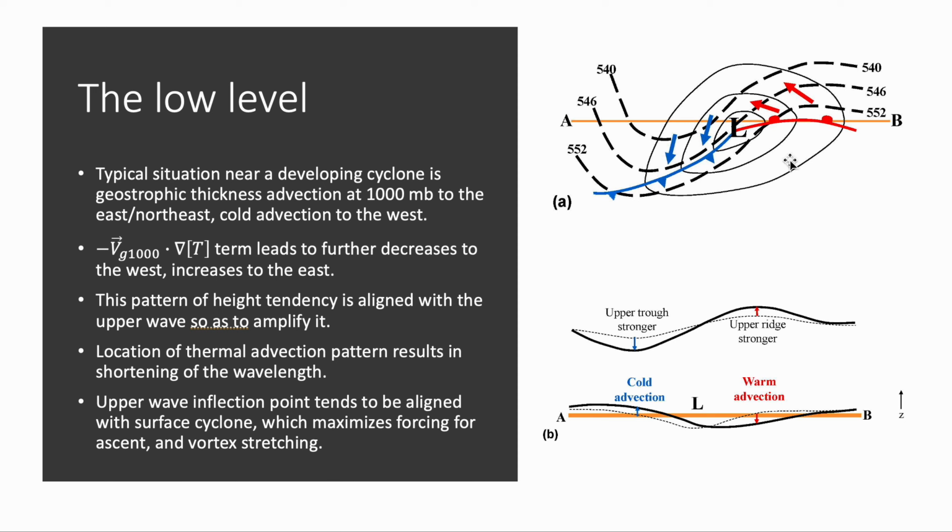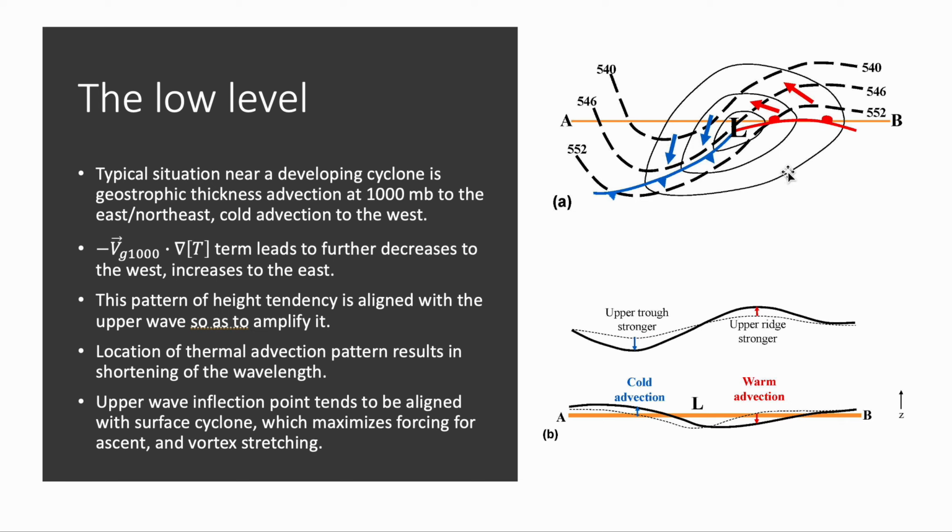And obviously, the winds are causing warm advection over here and cold advection over here. But this term that we just talked about is interesting because this will lead to cold advection to the west and warm advection to the east.